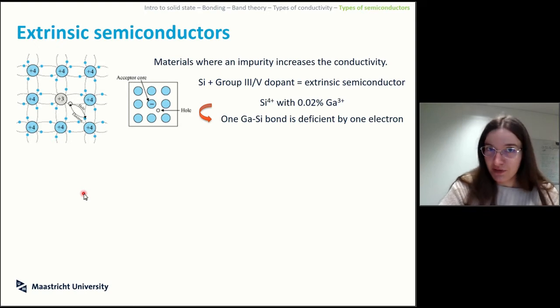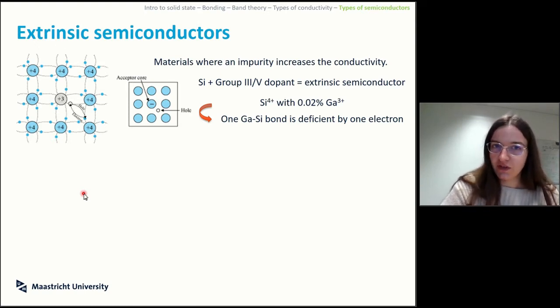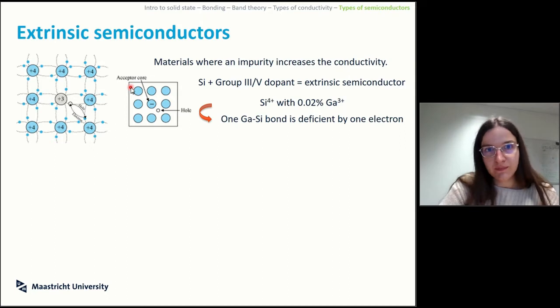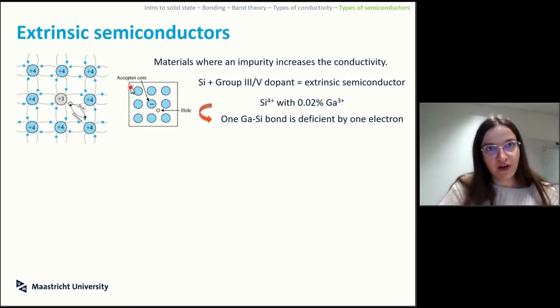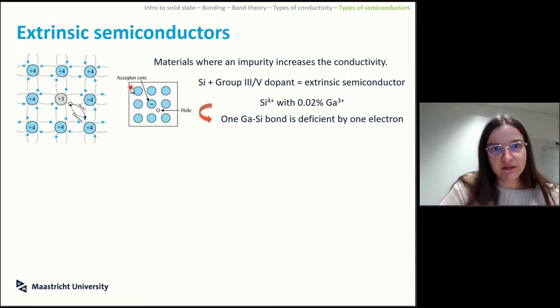If you put an impurity in your material, then you can actually increase the conductivity. Now, the idea is that if you put silicon, so a group 4, with something from either group 3 or group 5, you make an extrinsic semiconductor.